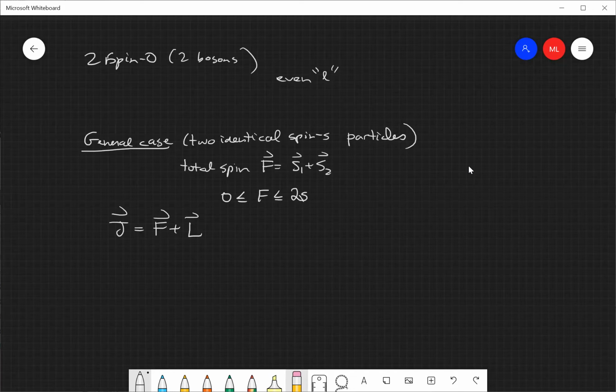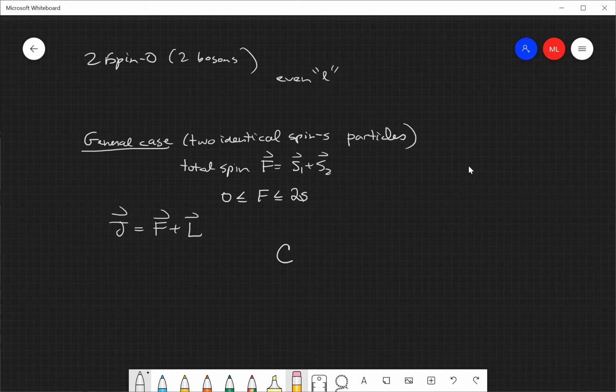The way in which these things add is described by the Clebsch-Gordan coefficients, which tell us how to add these angular momenta together. And the Clebsch-Gordan coefficients have an important property. They actually tell us about what happens under particle exchange.